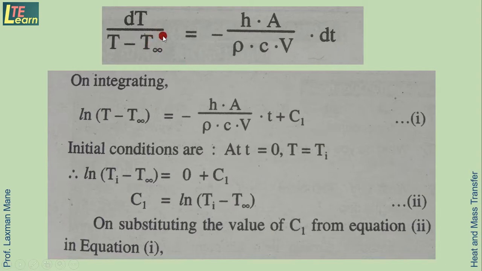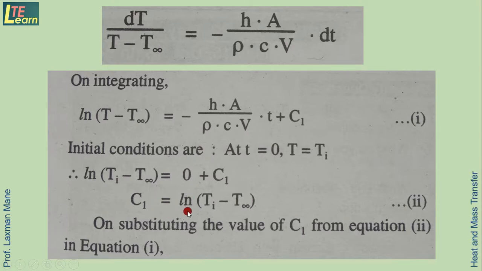Now, integrating this equation, we get on the left side natural log of T minus T infinity. This total term is a constant as it is. Integration of dt is t plus c1. Now to obtain c1, use the initial boundary condition, that is at t equal to 0, T is equal to Ti. So ln of Ti minus T infinity is equal to, this term becomes 0 plus c1.